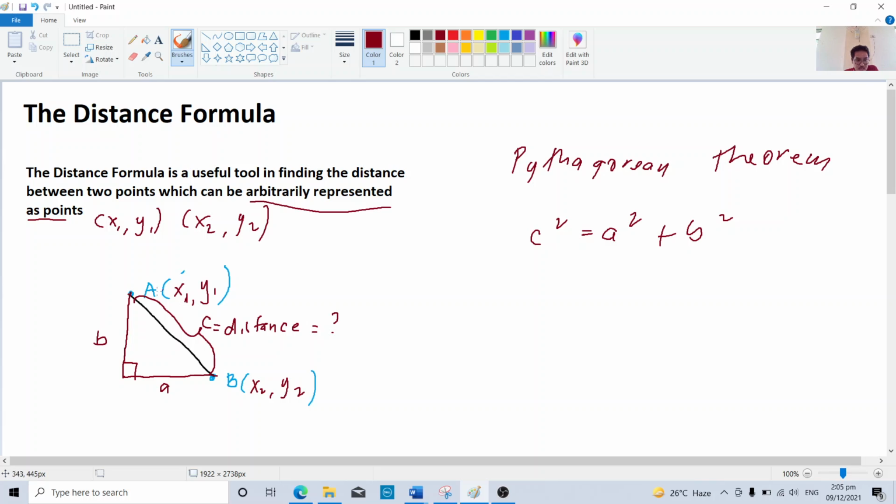Diba ito yung pinapakuha niya, ito daw yung length of hypotenuse of the right triangle, which is represented by letter C. Again, distance formula is borrowed and derived rather from the Pythagorean theorem.